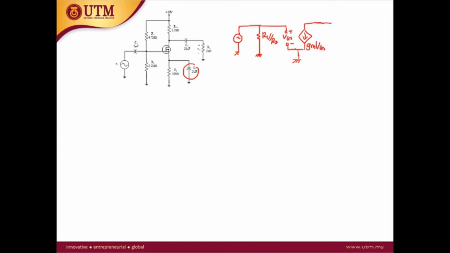In this question, the ro is infinity, so this is open circuit, no need to draw it. At the drain we have RD and RL. So this is your AC equivalent circuit.